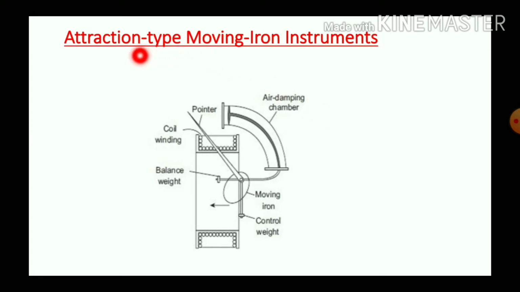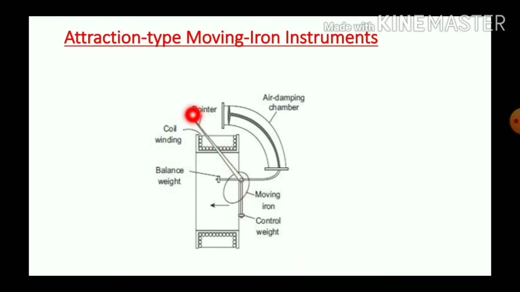First, the attraction type moving iron instrument. It consists of a fixed coil and an iron piece. The iron piece is connected to a moving system, and the moving system consists of a spindle.